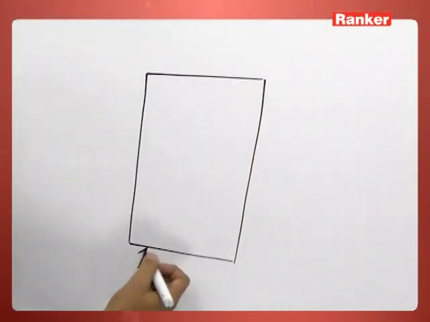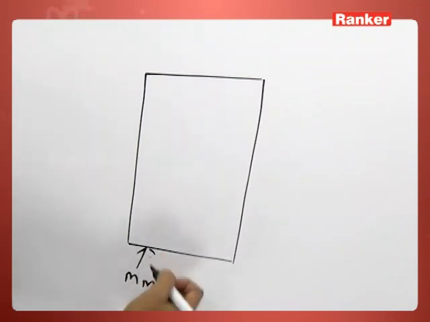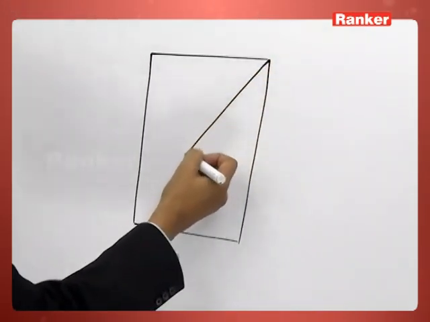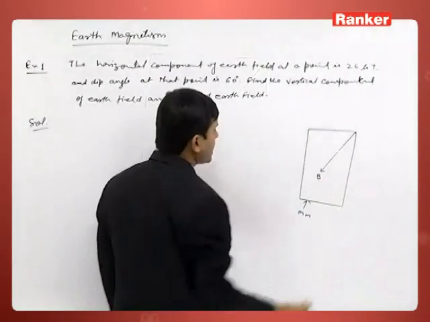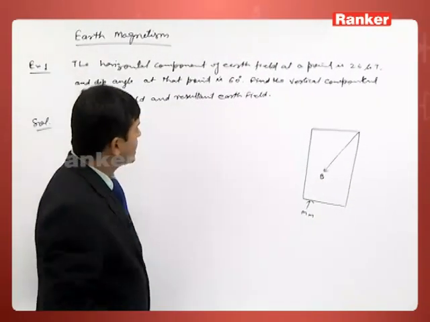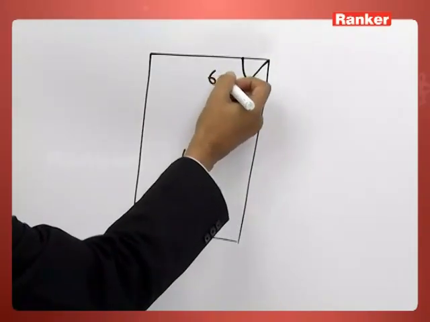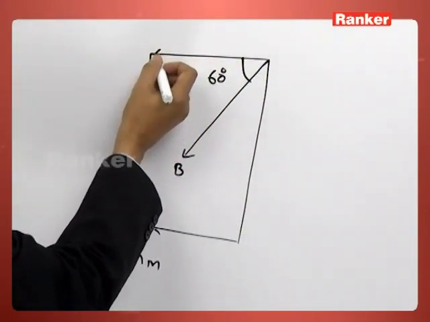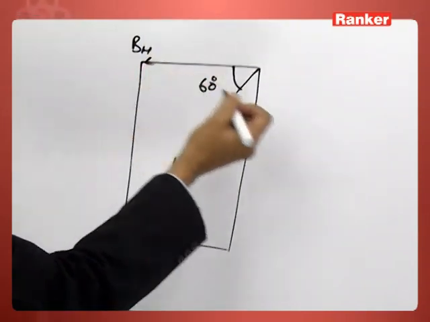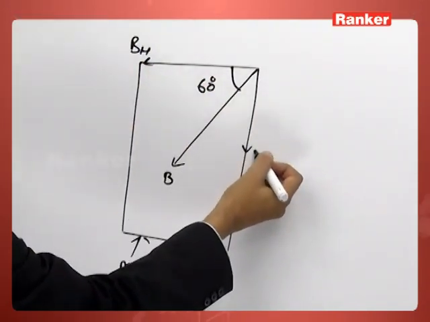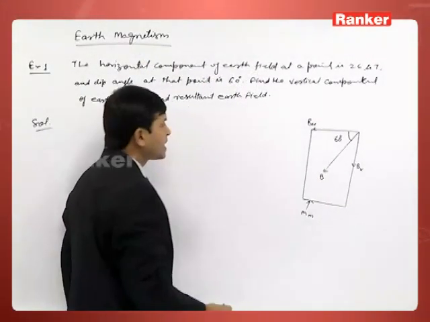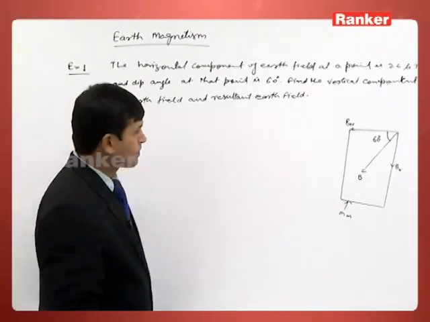So this is your magnetic meridian, and in it this is the direction of your earth field. This angle 60 degree is the dip angle. This side is your horizontal component of earth field and this is your vertical component of earth field.